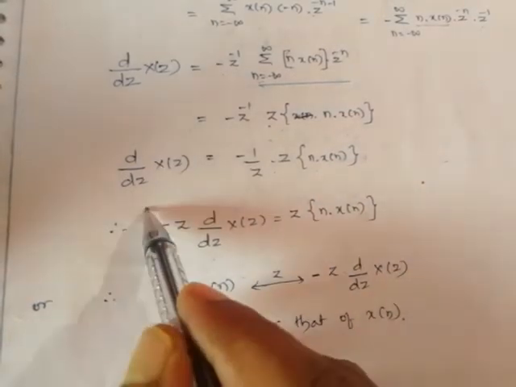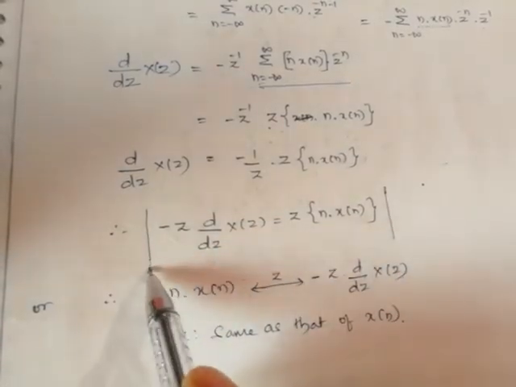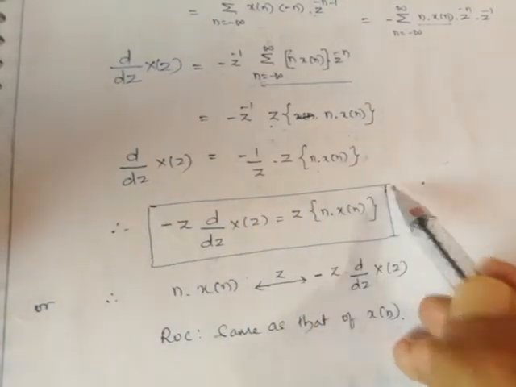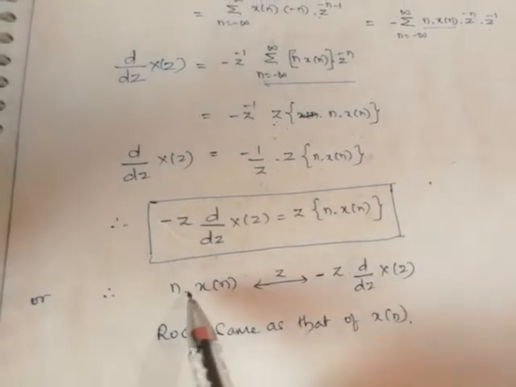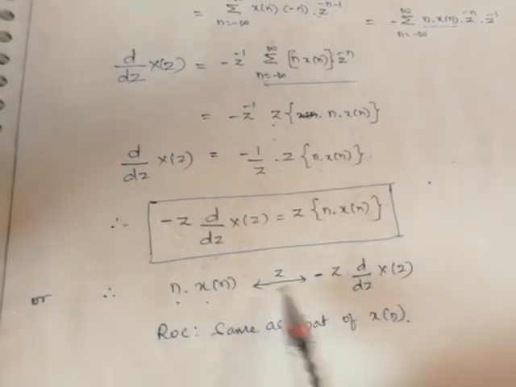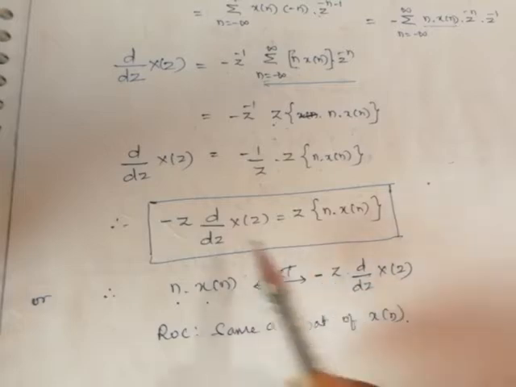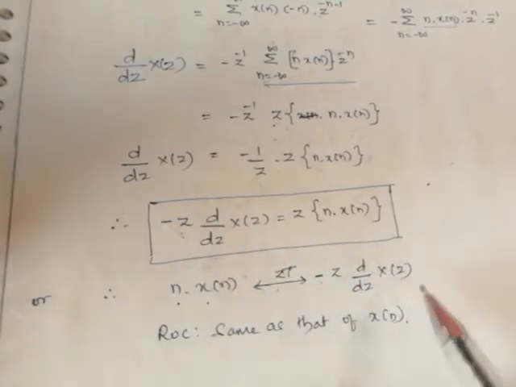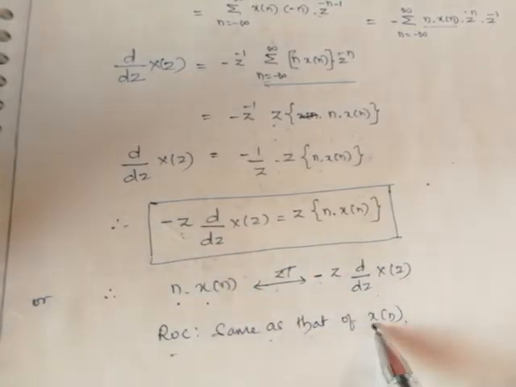Hence we proved. Or if you are representing in terms of ZT pair, n into x of n has ZT pair minus z into the differentiation of x of z. ROC remains the same as that of x of n.